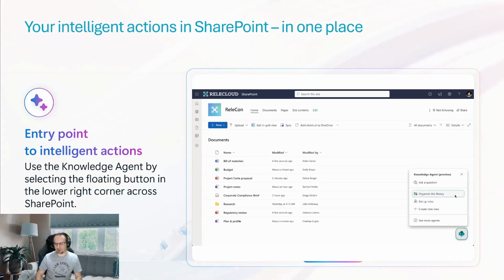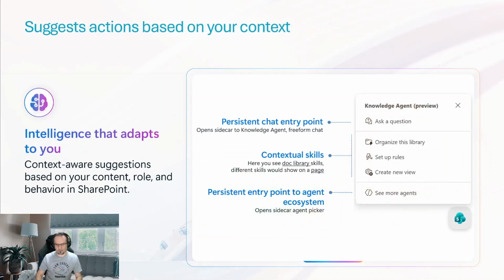And it gives a lot of features dedicated for SharePoint. For example, you can use it as a Copilot chat entry for your SharePoint site. You can ask a question, get information from your document library, from your pages as well.